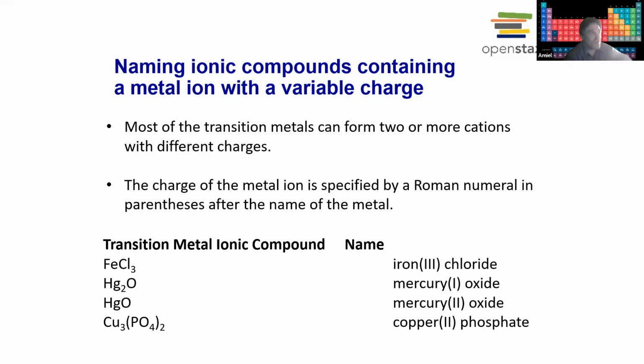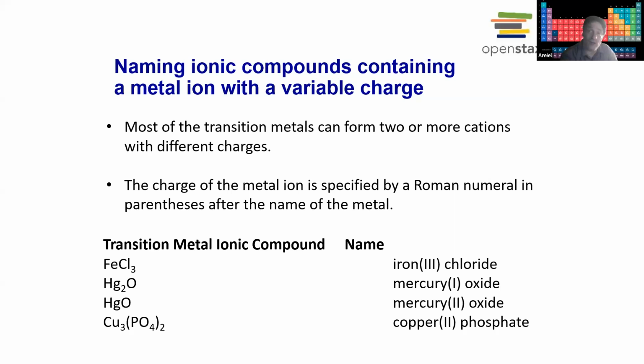What we've done so far is make compounds and name them if the charge doesn't change. But as we saw on the list, elements like iron and copper and gold and other ones have multiple charges. Iron can either be a +2 or a +3.